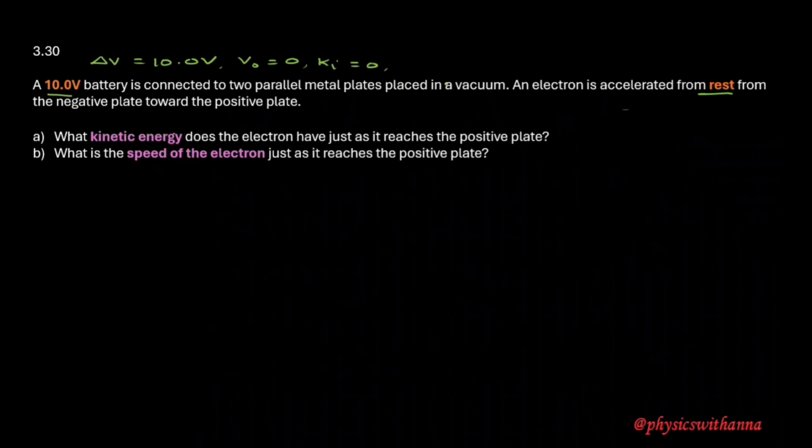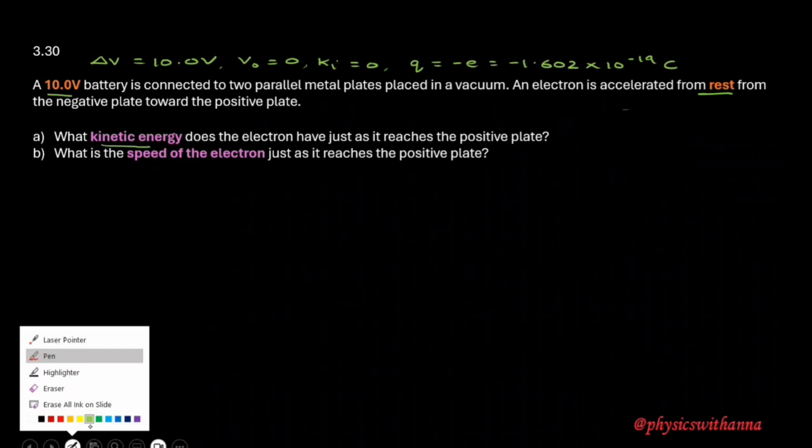And since we have an electron here, the charge on the electron q will be equal to negative e, which is negative 1.602 times 10 to the power negative 19 Coulomb. In the first part, we need to find what kinetic energy the electron has just as it reaches the positive plate.